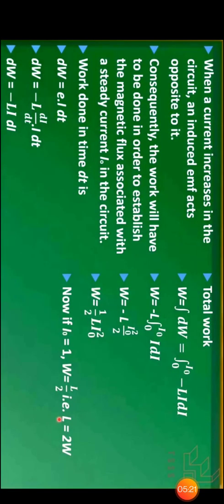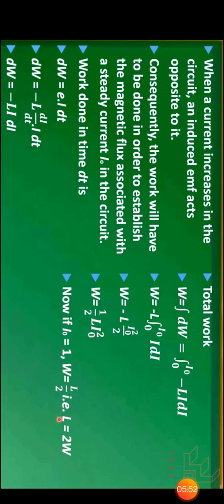When a current is increasing in the circuit, an induced EMF acts opposite to it. Consequently, work has to be done in order to establish the magnetic flux associated with a steady current I0 in the circuit.